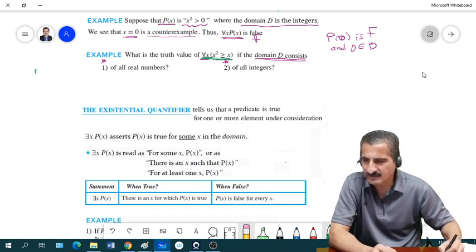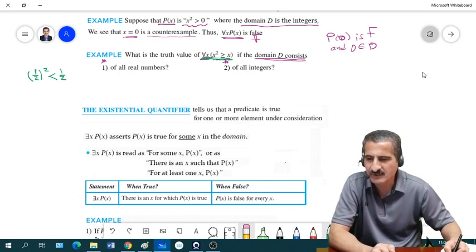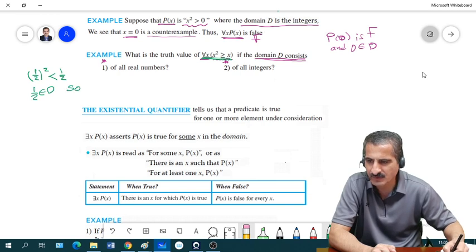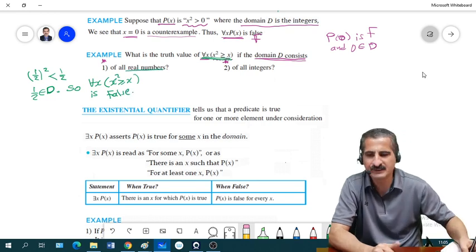Notice that if we square 1/2, then the result is 1/4, which is less than 1/2. So we have an element whose square is less than itself, and 1/2 is a real number, belongs to the domain D. So we conclude that for all x, x squared is greater than or equal to x is false whenever the domain is real numbers.